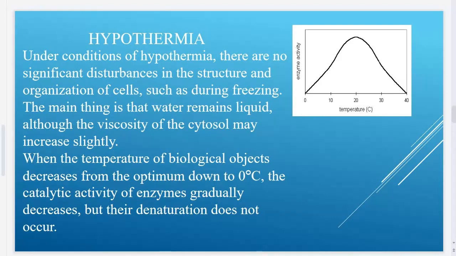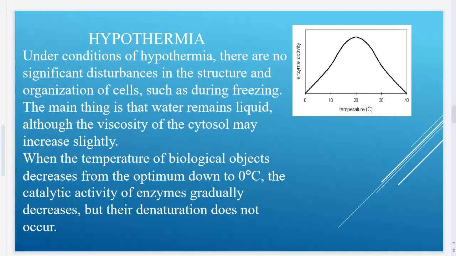The decrease in activity is explained by a decrease in the speed of movement of substrates and a decrease in the probability of their getting into the active center of enzymes. With the increase in temperature, the catalytic activity is restored again.